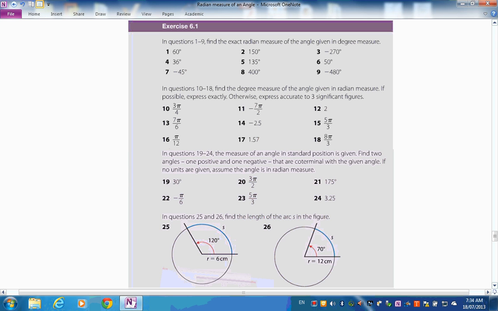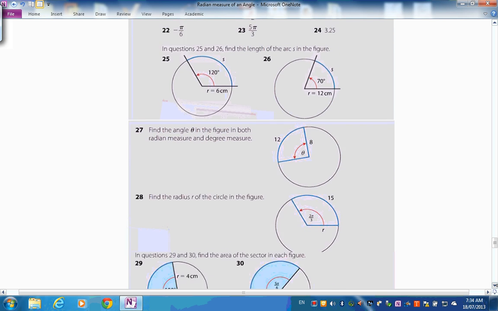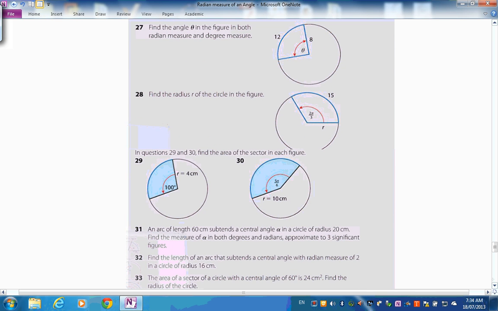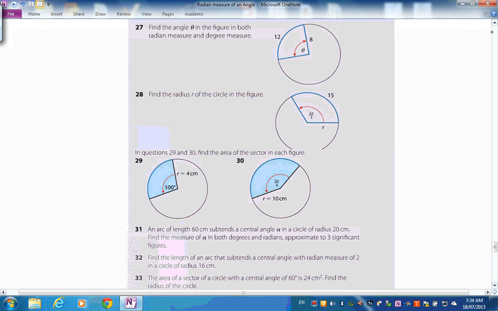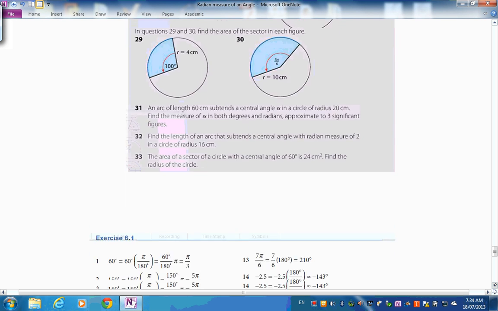You might toggle back and look at some of the examples. Where are the rest of them? Here they are, 27 to 33, working forward and back from degrees and radians, from sector areas to arc lengths. So you can pause it there. I'll show you the solutions then, and I'll catch you in the next presentation, but let's go down and have a look at the solutions.